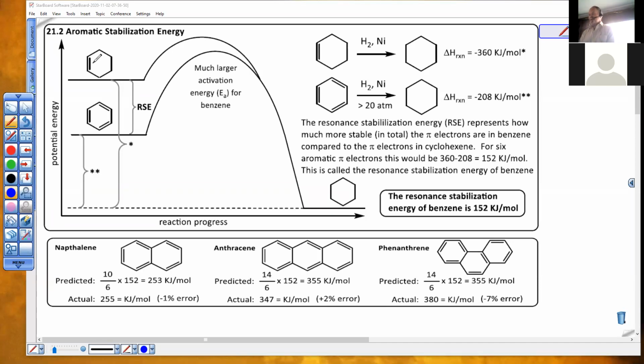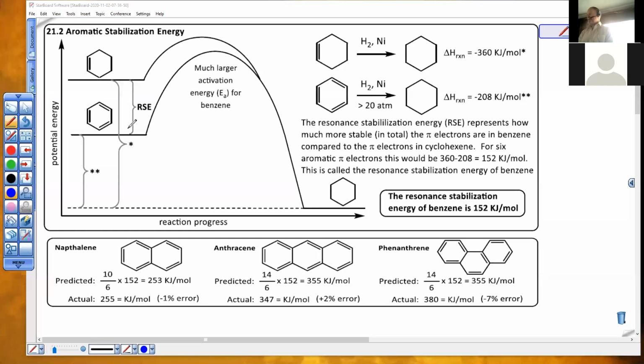Why are they more stable? They can resonate in a circle with the right number of pi electrons, and it's called aromaticity. Aromatic molecules, pi electrons, are more stable than molecules whose pi electrons are not aromatic. And that difference in energy is called the aromatic stabilization energy, or we can call it resonance stabilization energy here.